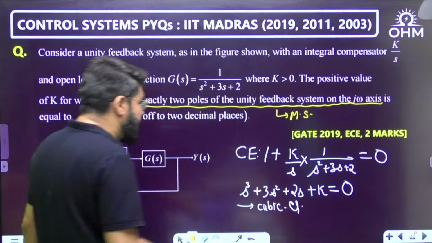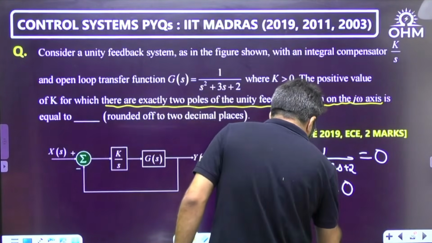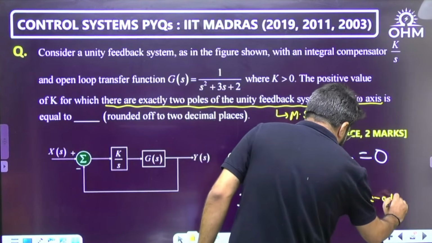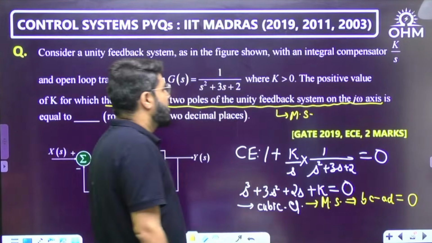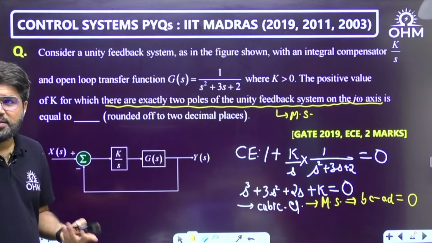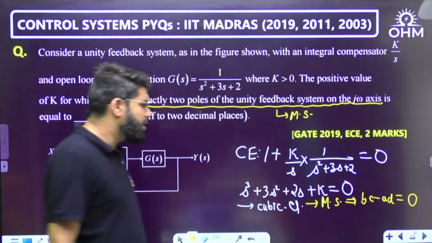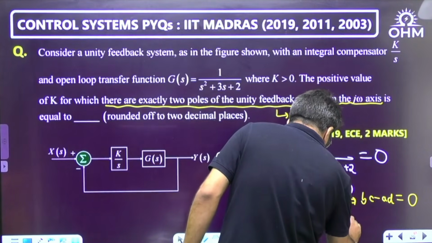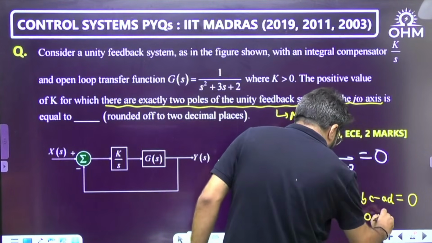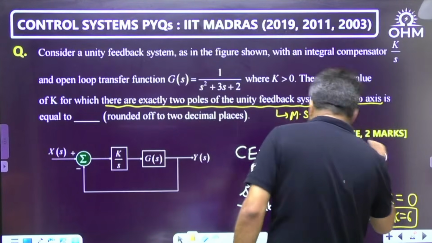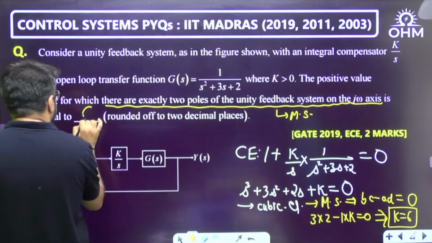And because it is a cubic equation, the condition is BC minus AD equal to 0, because a pair of poles on the j omega axis is the marginally stable condition. So 3 into 2 minus 1 into k equal to 0, and the value of k becomes 6.